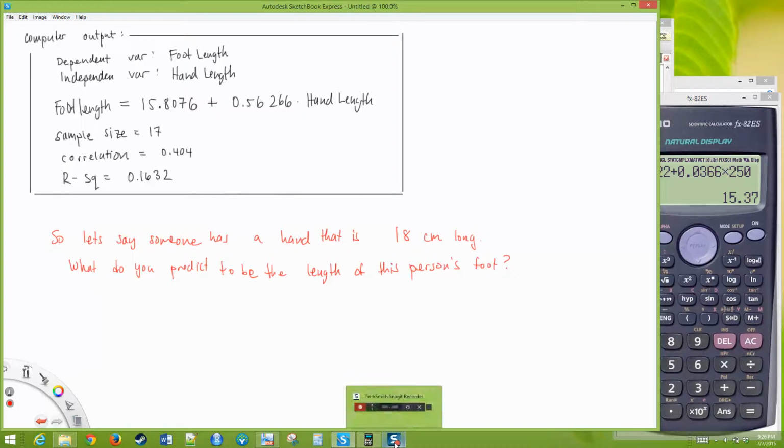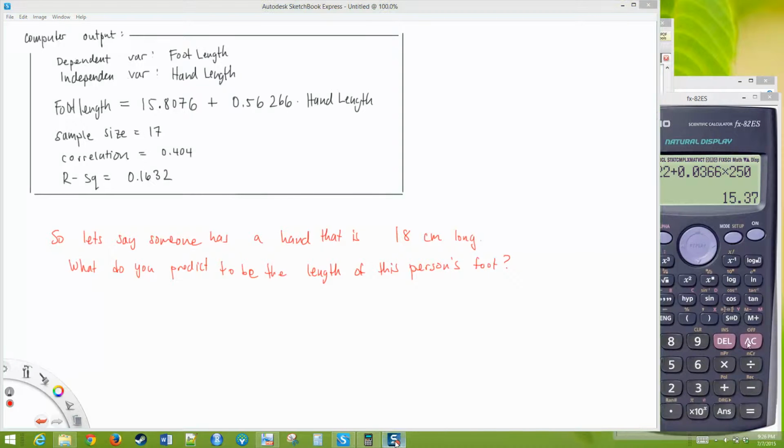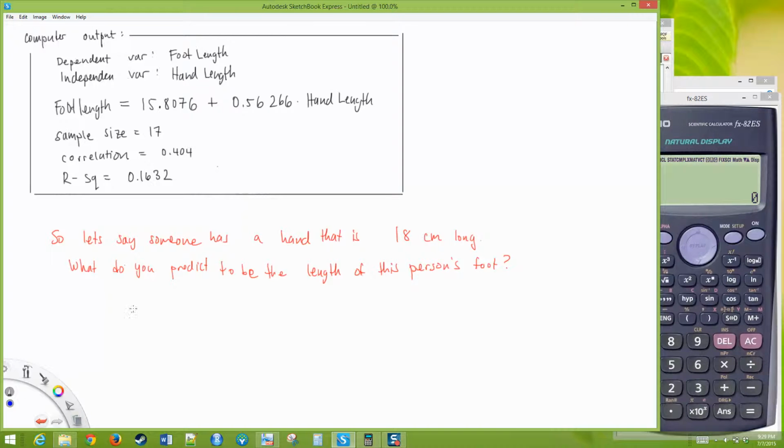Yeah, 25.9 something, right? So what we want to do here is we're going to say foot length is equal to 15.8076 plus 0.56266 times 18, right?